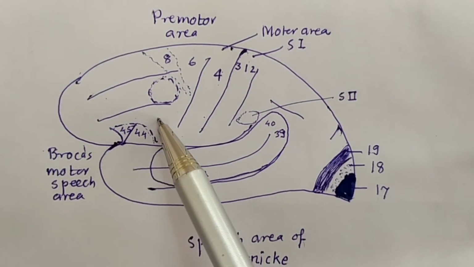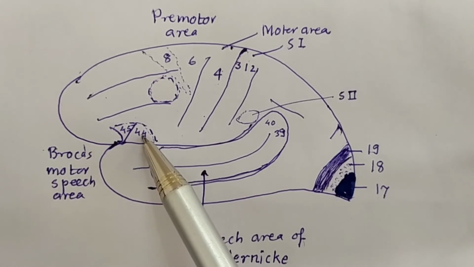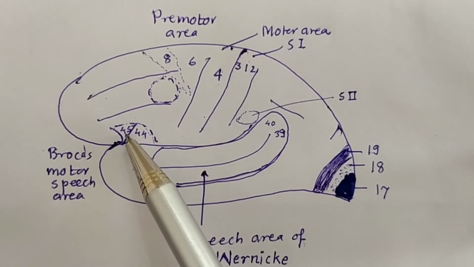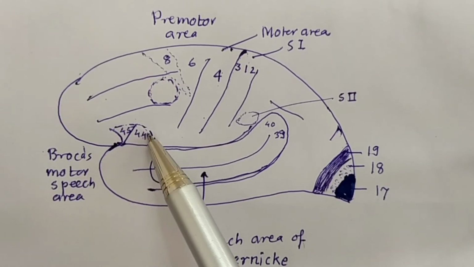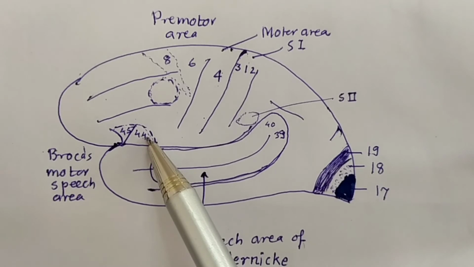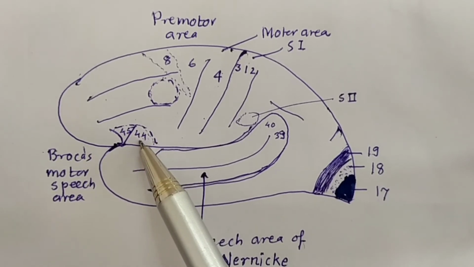In the inferior frontal gyrus, the pars triangularis and pars opercularis form area number 45 and 44 of Brodmann. This is the motor speech area, Broca's motor speech area. Injury to this area in the dominant hemisphere, meaning the left cerebral hemisphere in a right-handed person, will lead to aphasia.